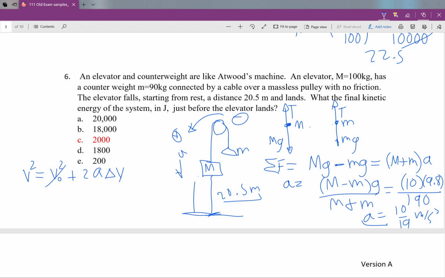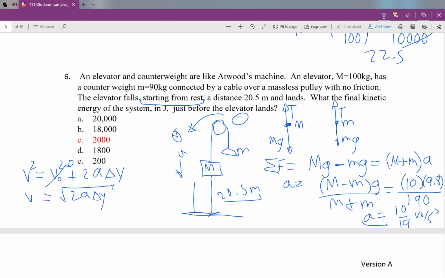Now we know that the initial velocity is 0, since this starts from rest. So the final velocity squared is going to be 2 a delta y.